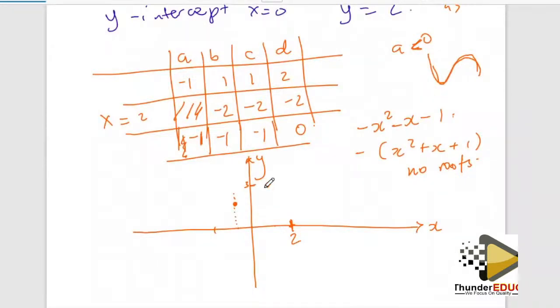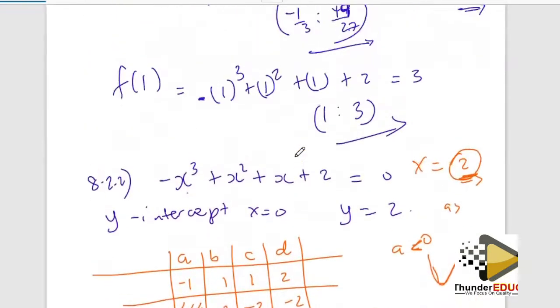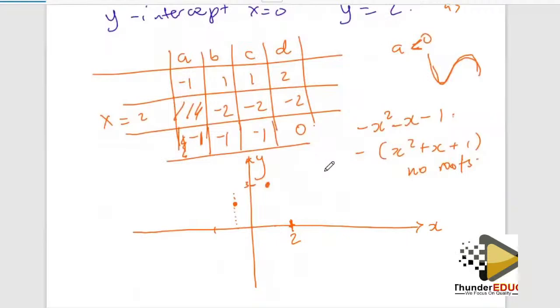Okay, so that's all we have. The y-intercept, we said is what? What's the y-intercept? We said it's a 2. Let me put my 2. And then my 1 is going to be down there. Looking at this shape, we can just sketch something like that.